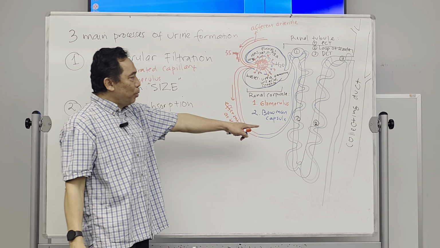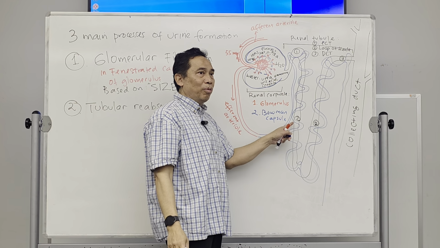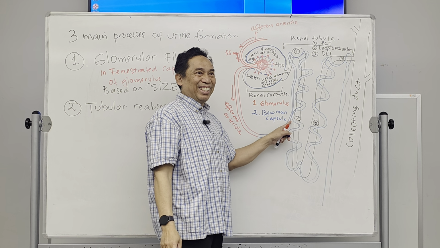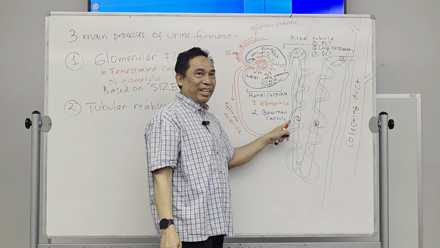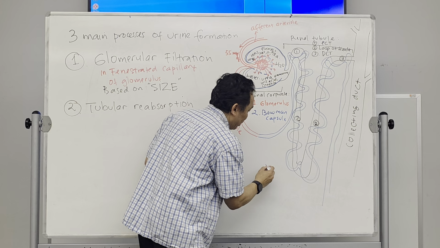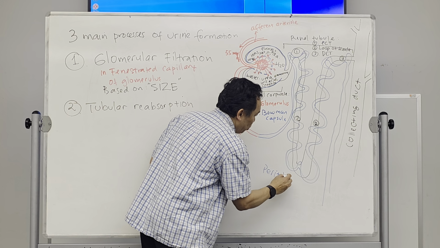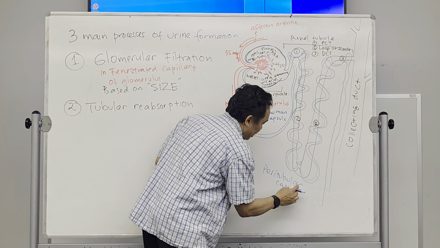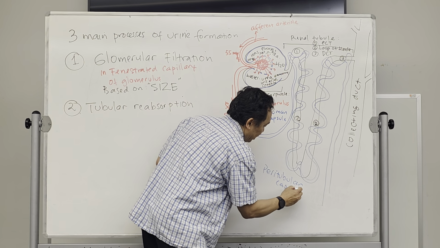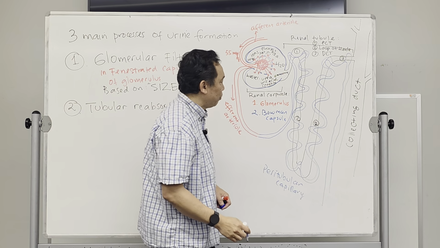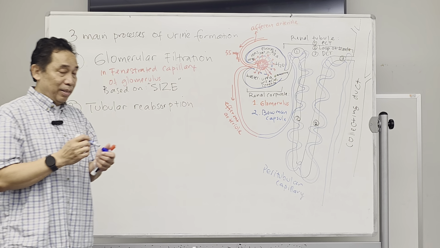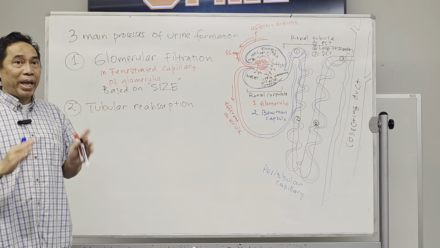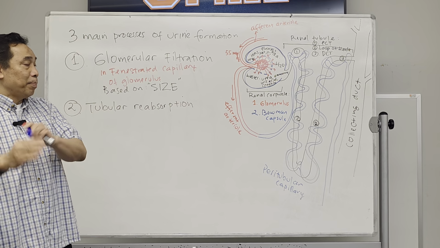Now, this blue blood vessel over here becomes capillary, and this is called the peritubular capillary. Capillary of the blood vessel that follows the tube, between the tube, peritubular capillary.